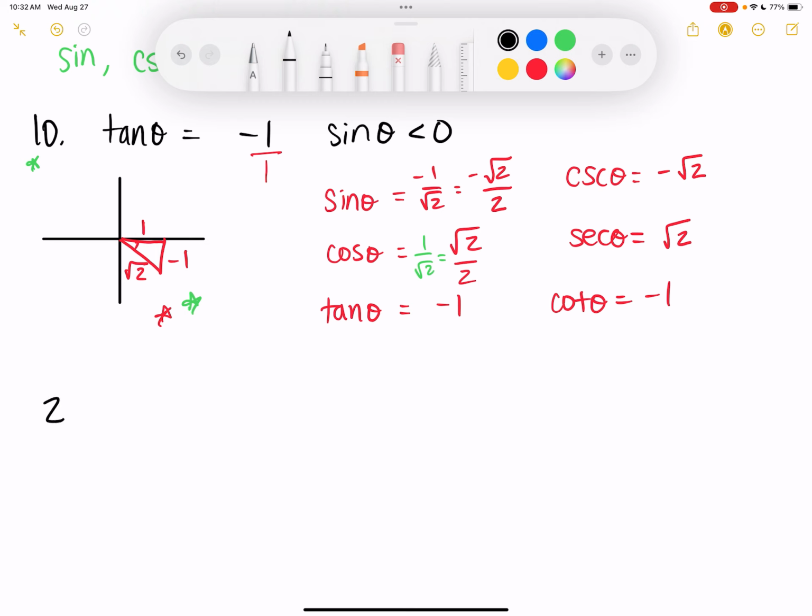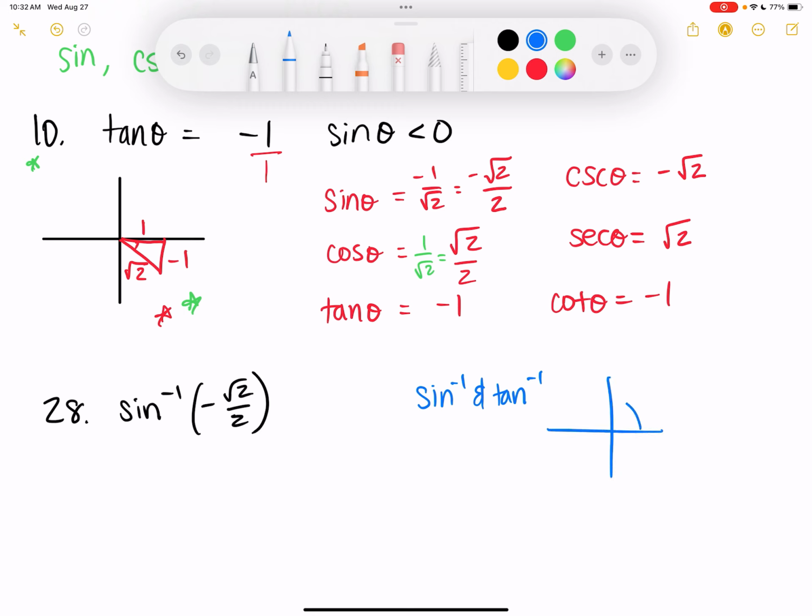So 28 is the inverse sine of -√2/2. The other thing to remember, which isn't in the notes, is that inverse sine and inverse tangent occur on the right side of the graph. So if we were looking at our circle, they would be over here in this area, from -π/2 to π/2.